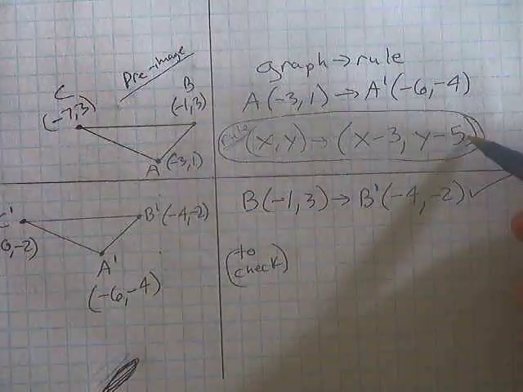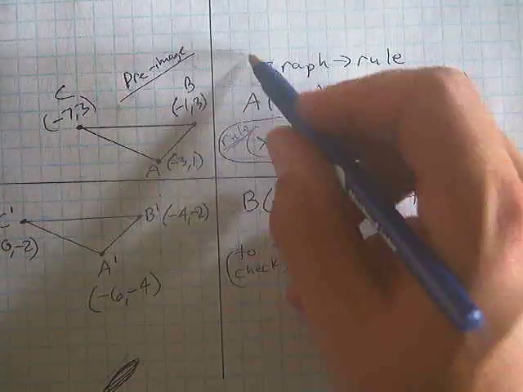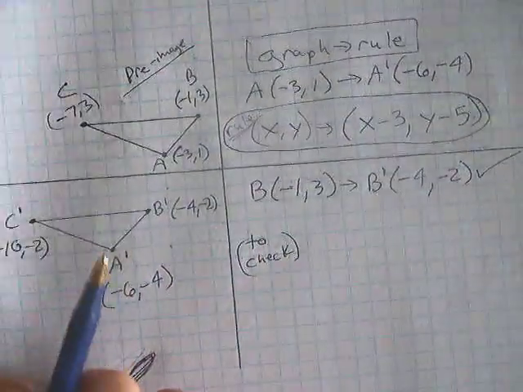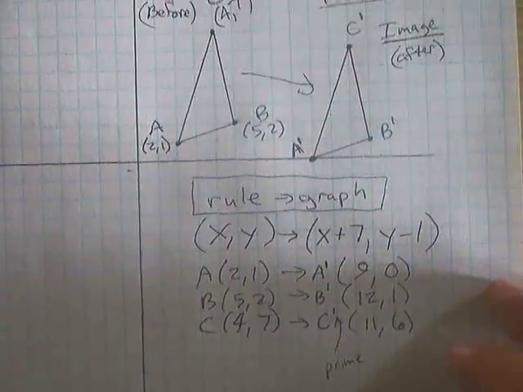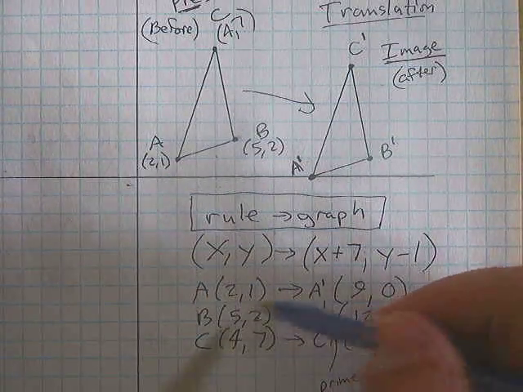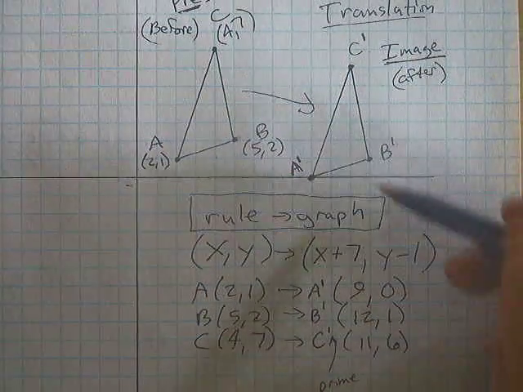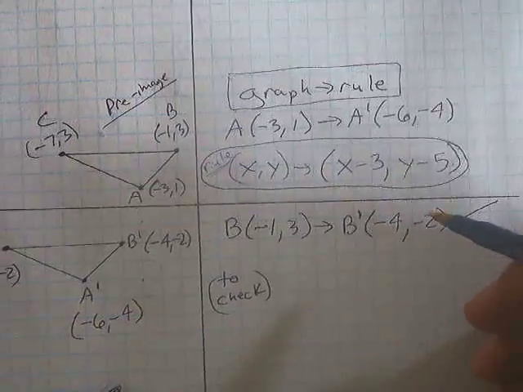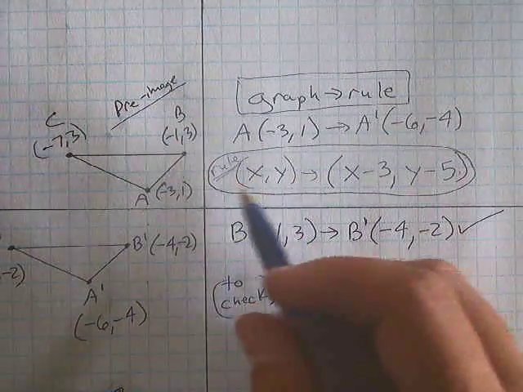So negative 1 minus 3 is going to be negative 4. And y is 3. 3 minus 5 is negative 2. So the coordinates for B prime, negative 4, negative 2? You bet they are. So this is our correct rule.